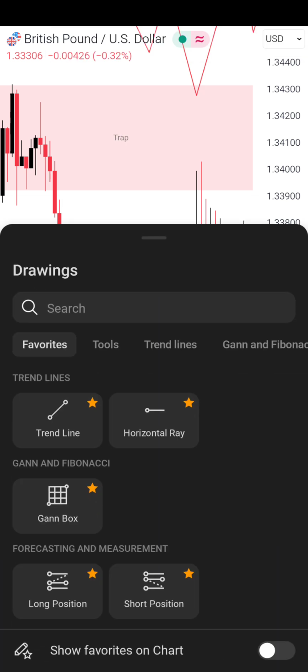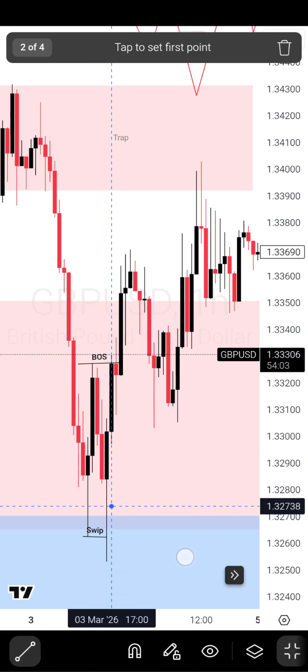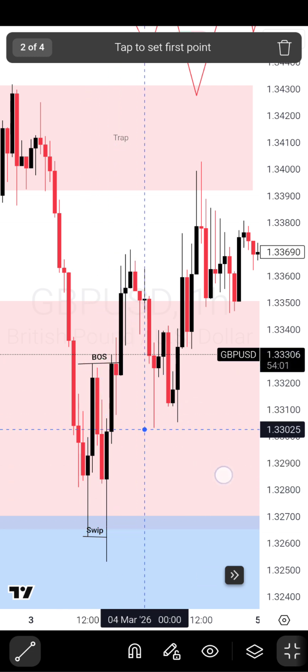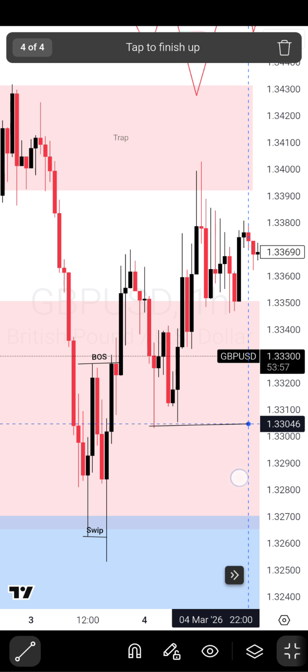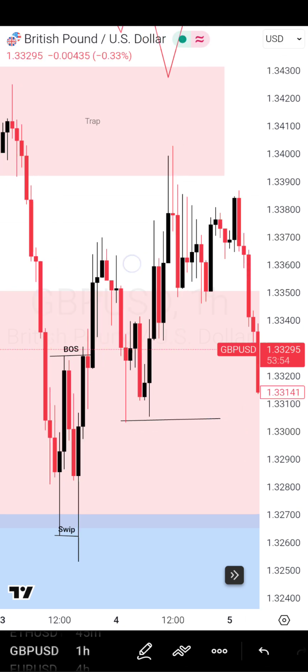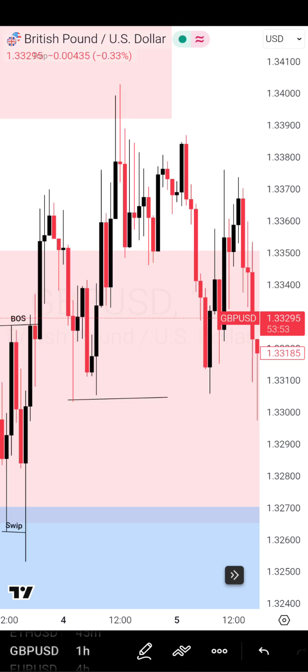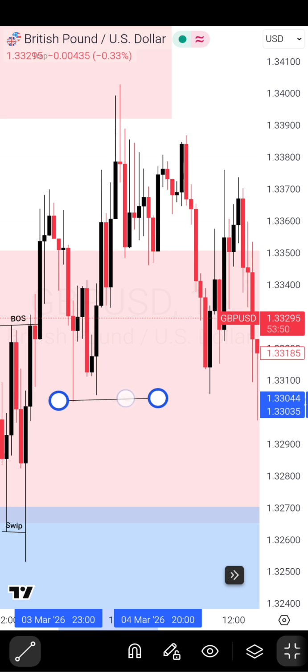Then for me, my liquidity is always inside of my liquidity block. So this is my liquidity. This was the low I was anticipating price to take out before I enter my trade. This low.